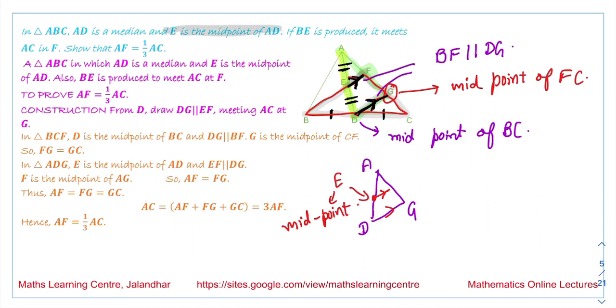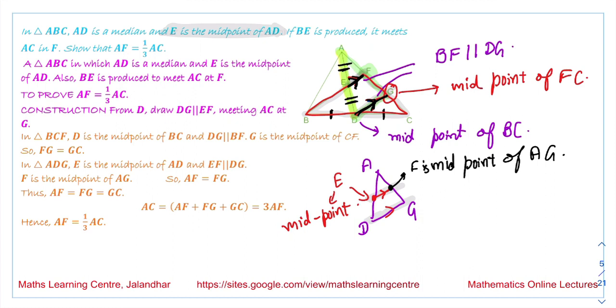So we have these two lines parallel to each other. It means this point F is the midpoint of AG.